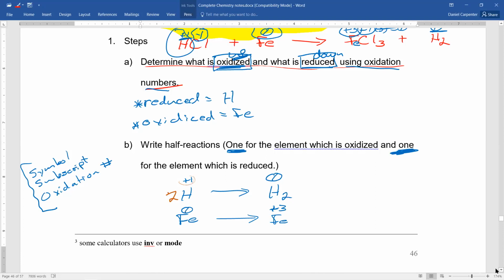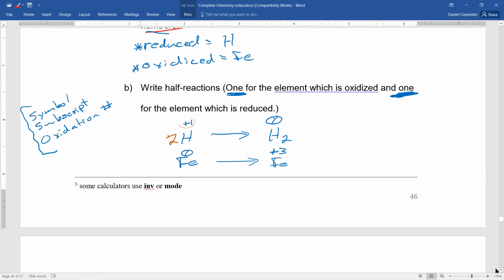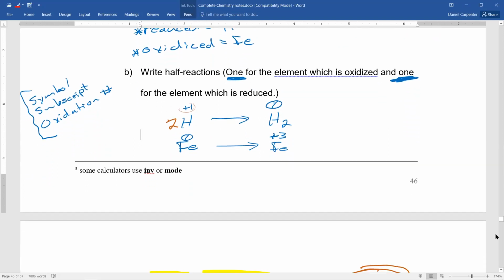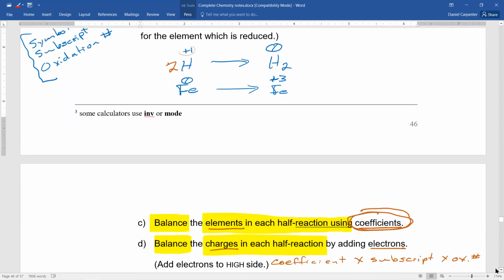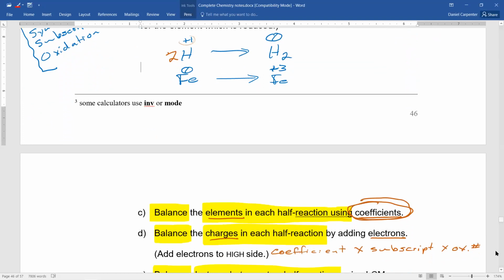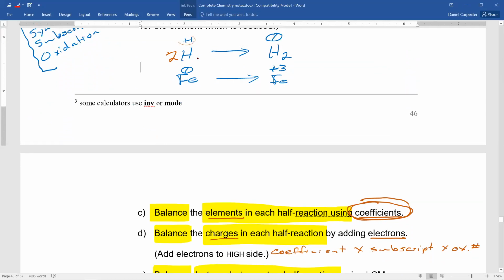All right, so subscript times coefficient times oxidation number. I guess I didn't write it in that order, but I'm sure by now you folks know that it doesn't matter what order you multiply. So let's see, 2 times 1 times plus 1 is plus 2 on the left.